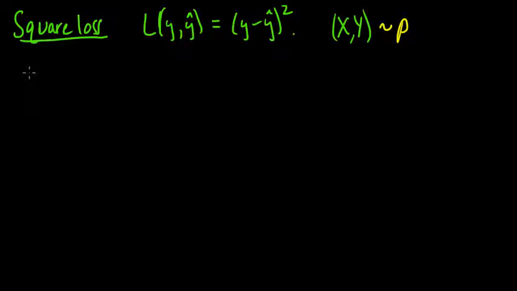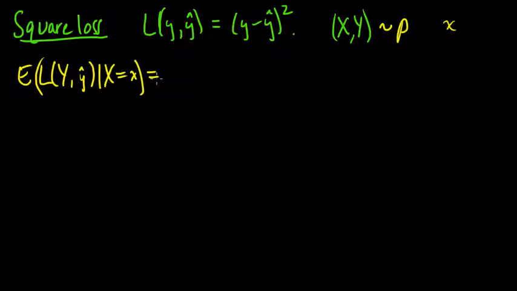And let's think about the conditional expectation. So we'll think about case 1 where we're given some x. And let's write down what this conditional expectation looks like. So we've got the loss of y with y hat, conditioned on some particular value of x. So what is this?